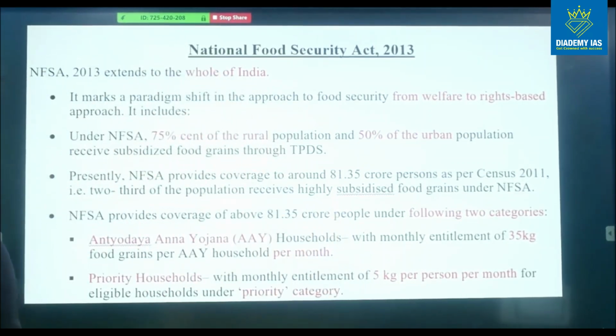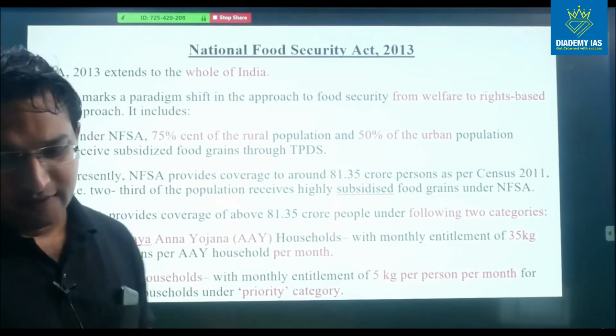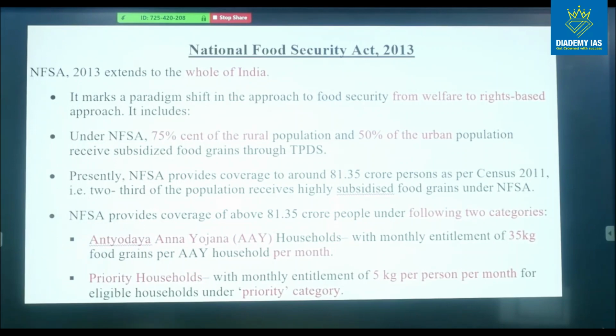So let us see the National Food Security Act 2013. It extends to the whole of India, without any exception. Number 2, it marks a paradigm shift in the approach to food security from welfare to a rights based approach.